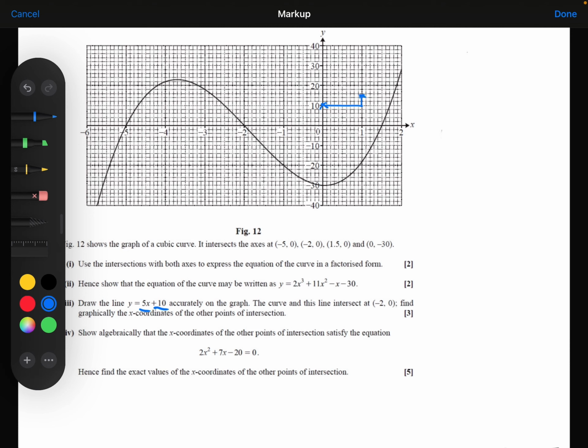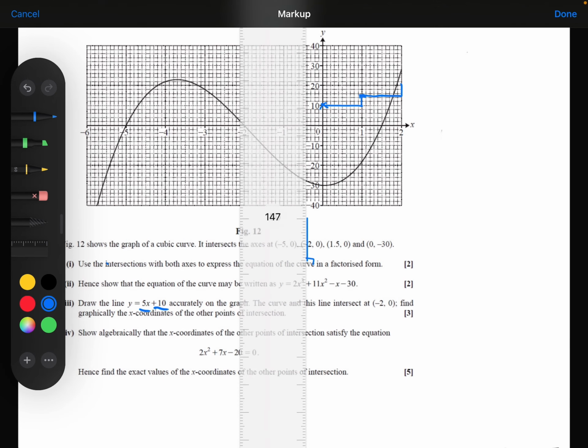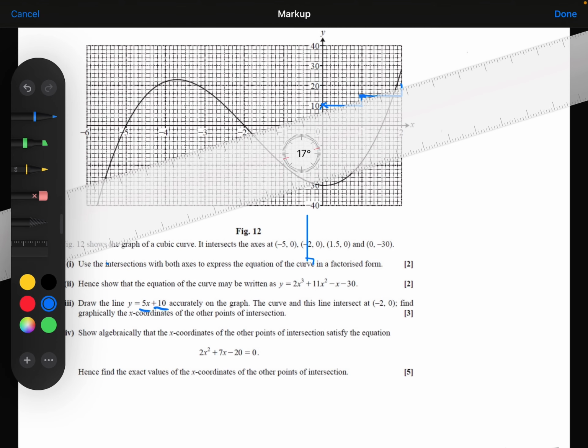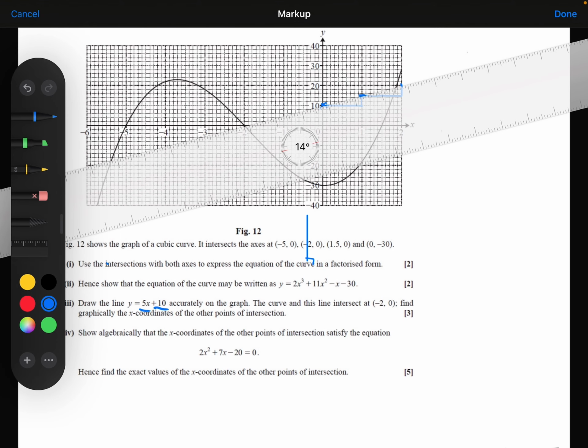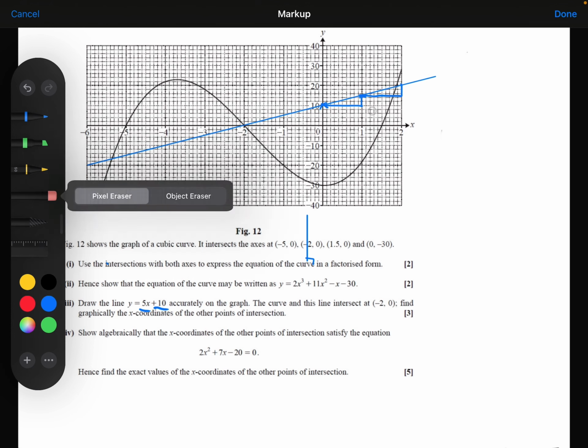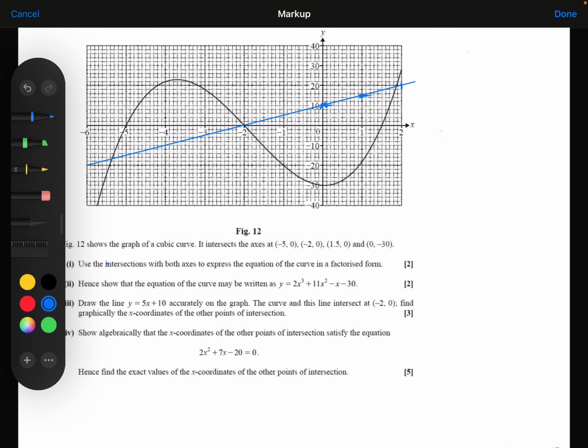Then along 1, up 5, and so on. It's going to look like this. So this is my graph of y equals 5x plus 10.